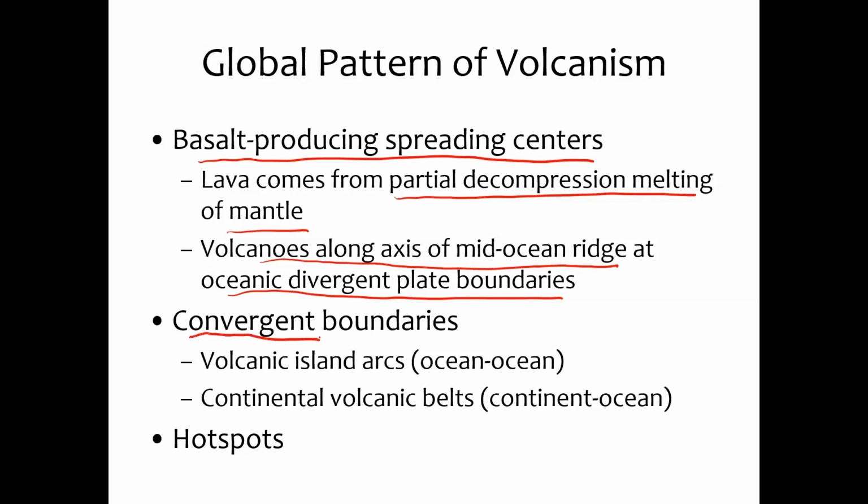At convergent boundaries, places that plates are coming together, you can form volcanic island arcs like Japan, like the Philippines, that represent ocean-ocean convergent plate boundaries, or they can form in continental volcanic belts, like on the west coast of South America, continent-ocean convergent plates. Volcanoes also happen at hotspots, which aren't at plate boundaries, but they're more isolated.